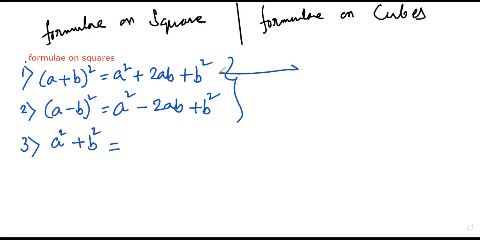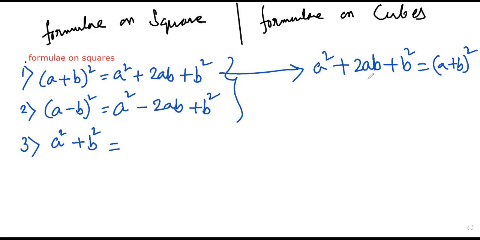Consider this one first. Okay, if we write the right hand side as the left hand side, we can find a square plus 2ab plus b square equal to a plus b whole square. Okay, and just bring this 2ab to the right hand side, and what will be the change? That is a plus b whole square minus 2ab.